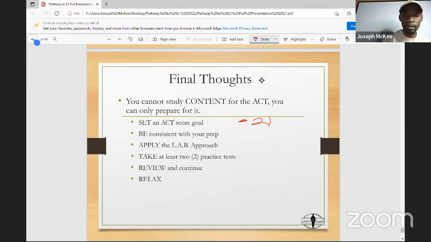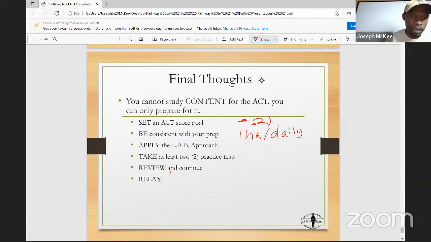So we're talking about 1 hour daily. Apply the LAB approach. Learn, apply, and build. Learn something every day, apply it during practice, and then you build upon it. Take at least 2 practice tests. All right. Then review and continue.